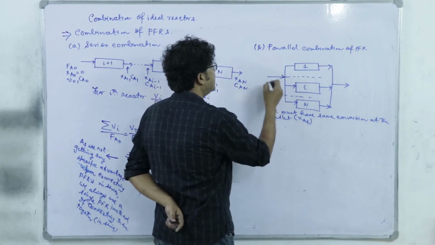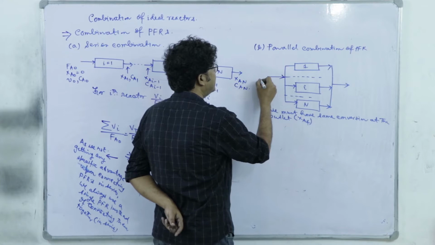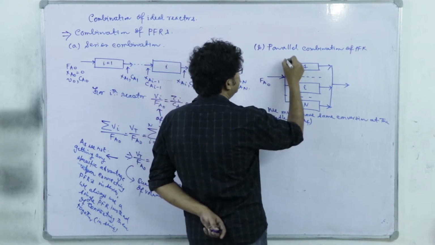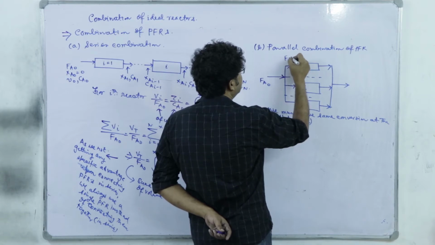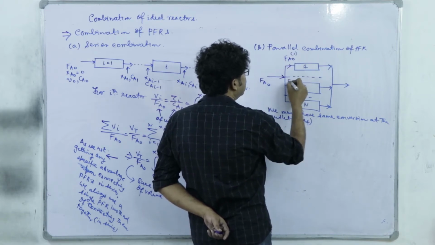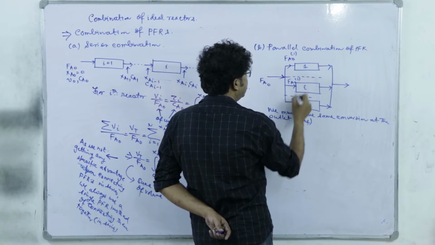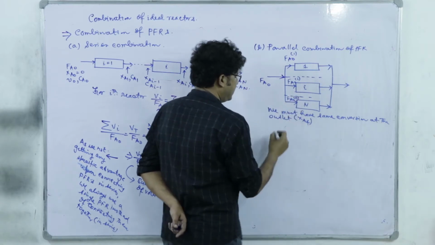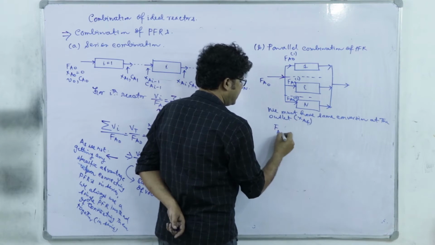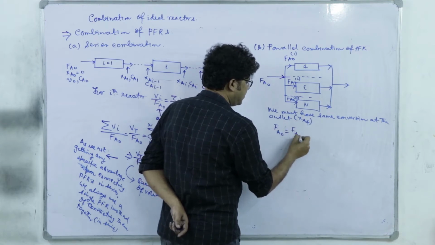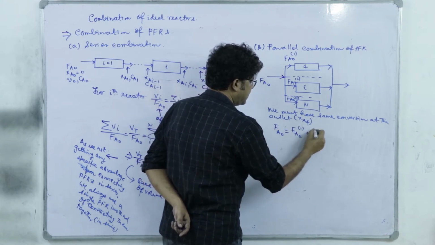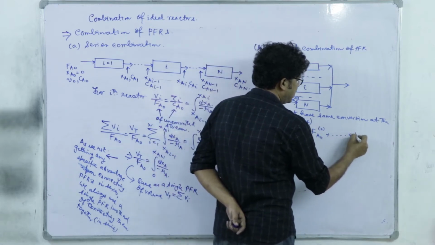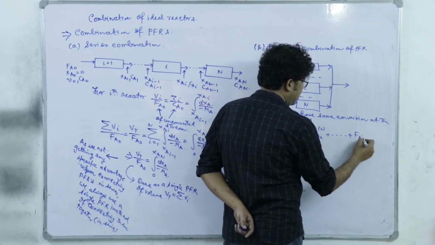So, if this is FA naught and here it is FA naught 1, then FA naught i, then FA naught N. So, definitely FA naught will be equal to FA naught 1, FA naught 2, up to FA naught N.